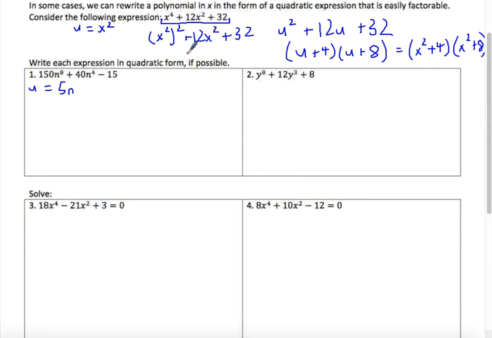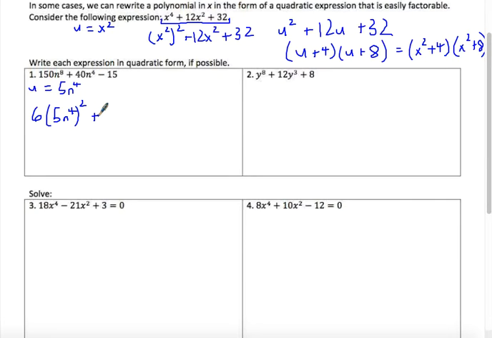So u equals 5n to the fourth. So then 150 is 6 times 5n to the fourth squared. So 5 squared would be 25, and 25 times 6 is 150.